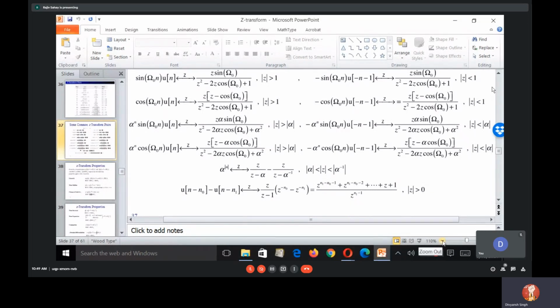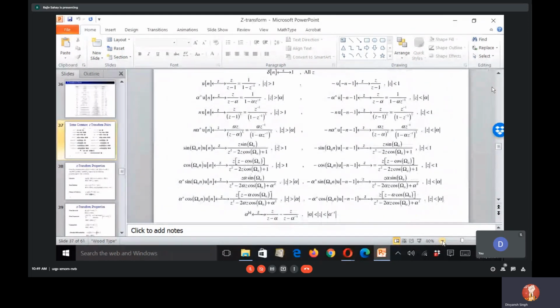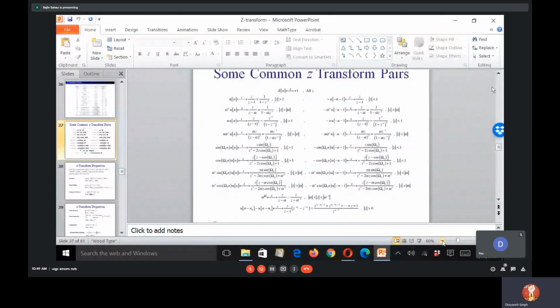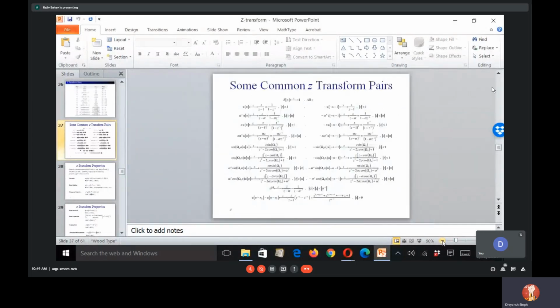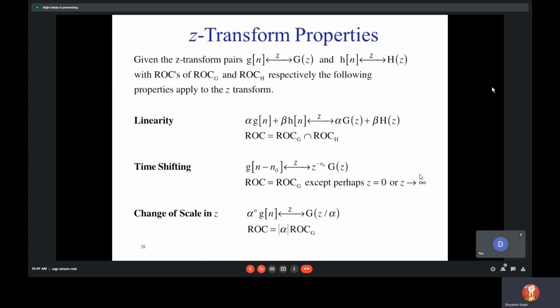Okay, there is a repetition of the previous slide. Only one property I could find. So I'm just explaining one by one the properties with a little detail.